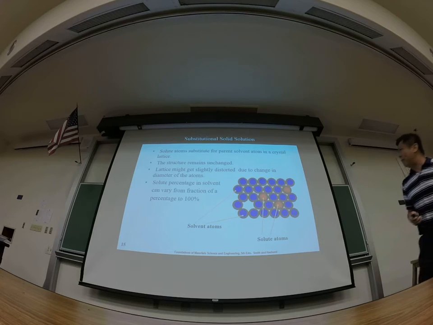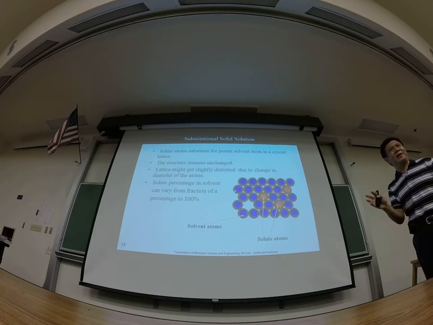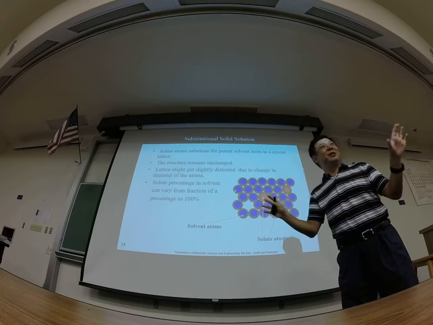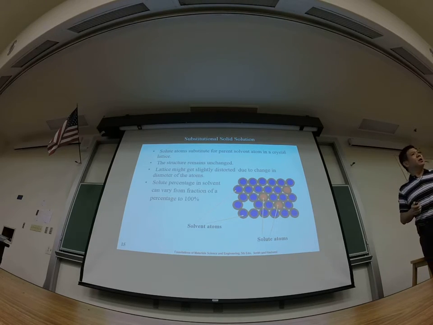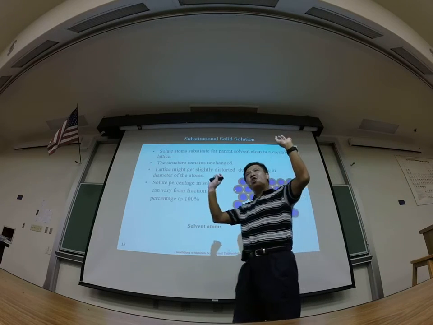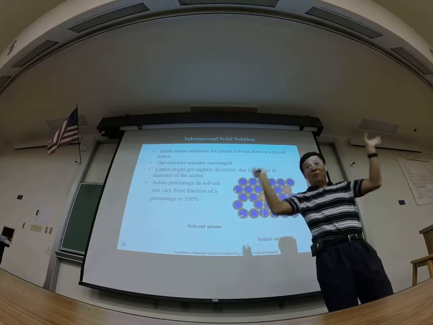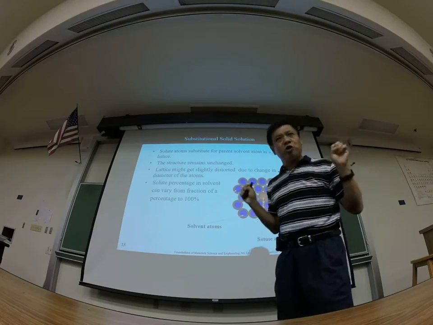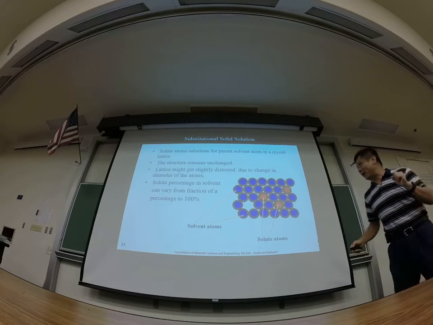So when we talk about the solid solution, it is easy to understand, because it's a single phase. The commonly used type we call the substitutional solid solution. That means you have two metals whose atom sizes are very similar to each other, and these different metals' crystal structures are similar, or ideally the same, okay?